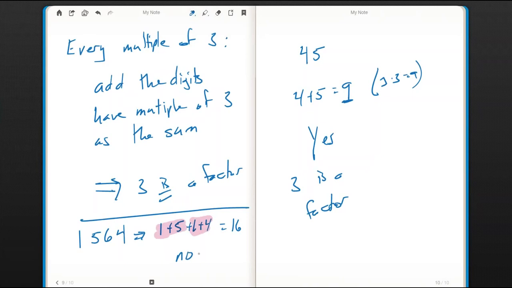So that tells me that no, 3 is not a factor of 1,564. I know that because I added it together and I find out that it's not. At this point, I would rather our students learn that than necessarily be able to find the factors.